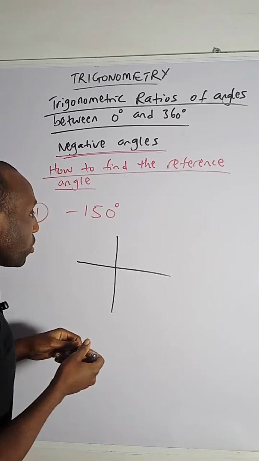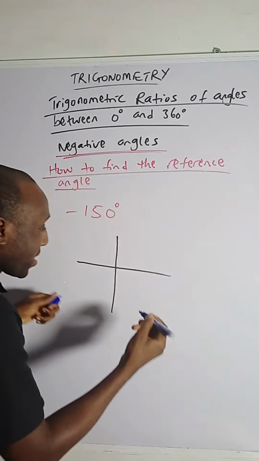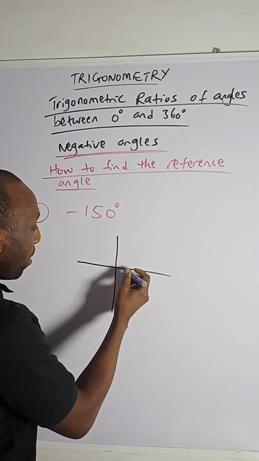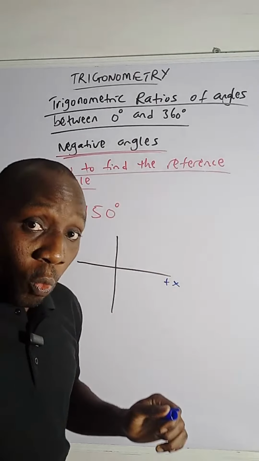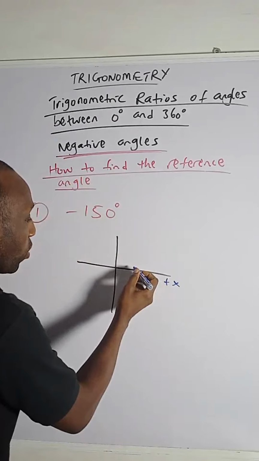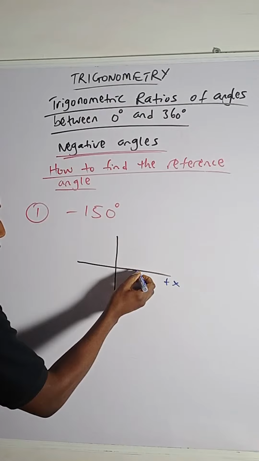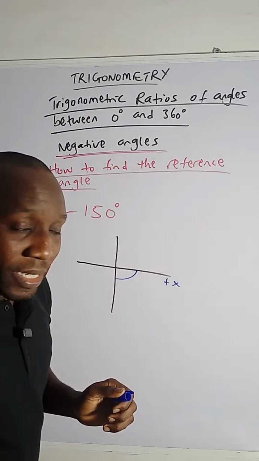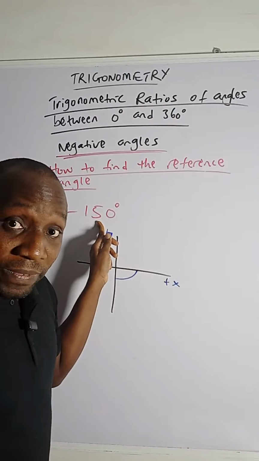Exactly. So if you want to get this angle sketched out, I'm going to start from the positive x-axis, but I will go clockwise, not anti-clockwise. So we go like this. From here to here is 90. So we extend it again, because we're trying to get to negative 150 degrees.